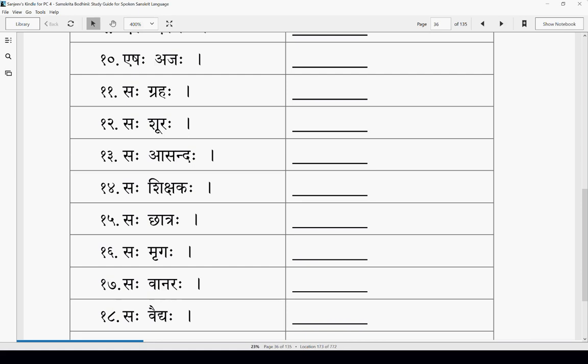Asandaha, we know that, chair. Shikshakaha, teacher. Chhatraha, student. Male teacher, male student, all pullinga words. Mrugaha is deer, animal; both are fine. Vanaraha, monkey. Vaidyaha, doctor.